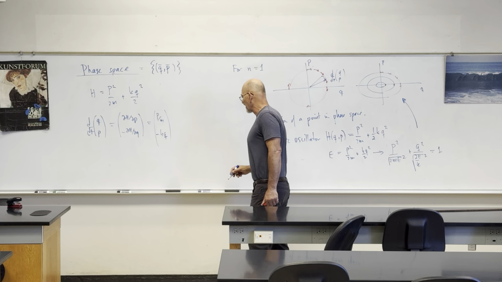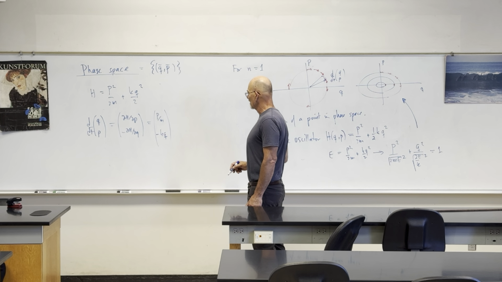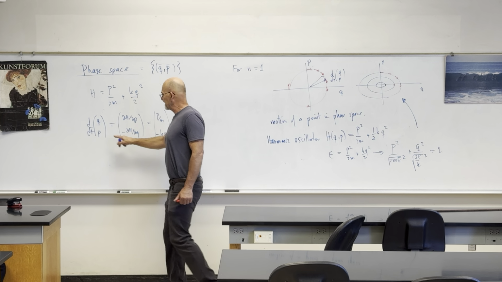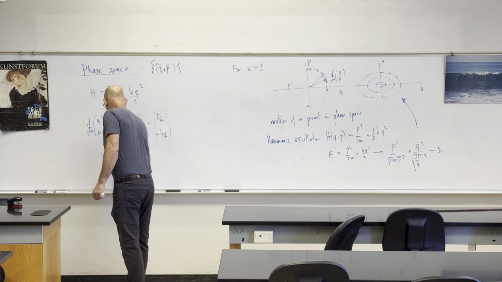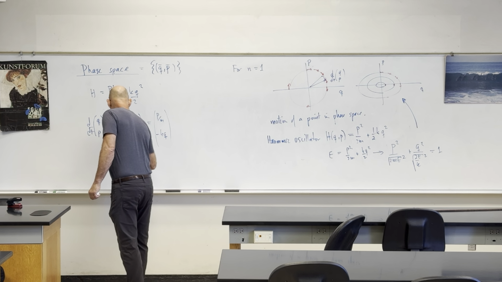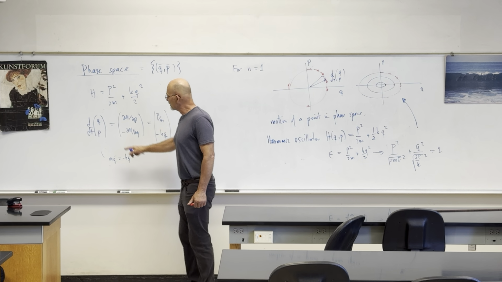That's p dot equals minus kq. And of course, that gives us m q double dot equals minus kq. That's going to be Newton's law for this.